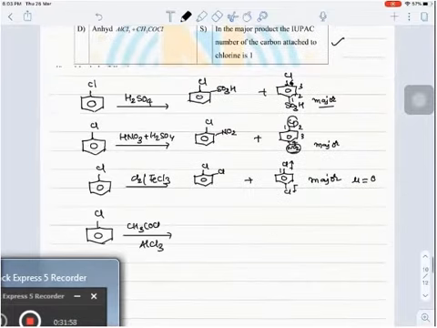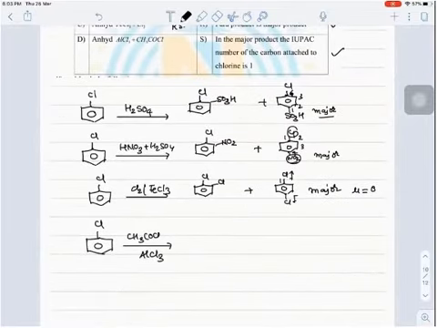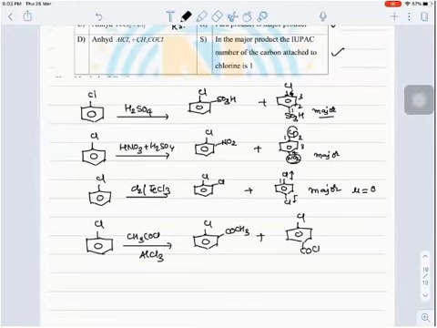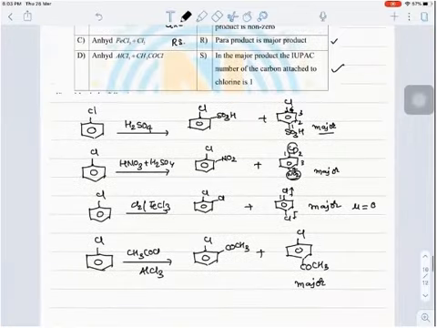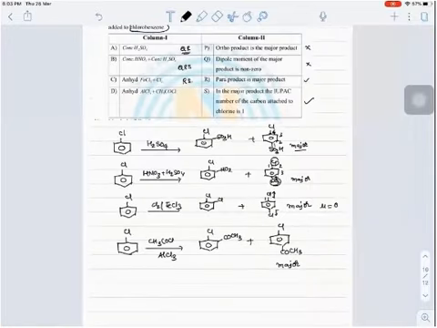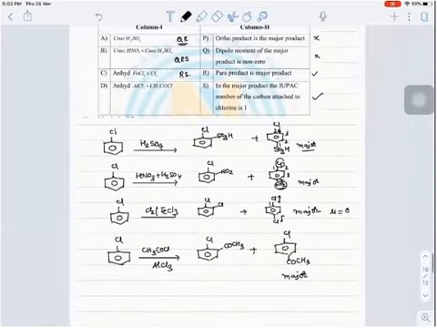For the D option, chlorobenzene is acylated. We'll get Cl with COCH3, ortho, plus Cl with COCH3, para. Again, this is the major product. Here the ketone group is the principal functional group, so the numbering starts from here: 1, 2, 3, 4.